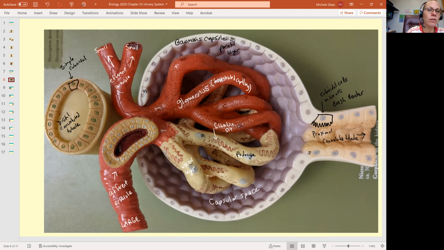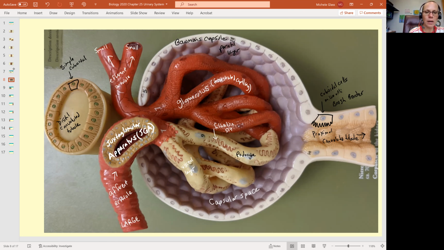We also have here what's described as the juxtaglomular apparatus. So we have a group of cells, juxtaglomular apparatus, and in our OpenStax book, they'll abbreviate this JGA.